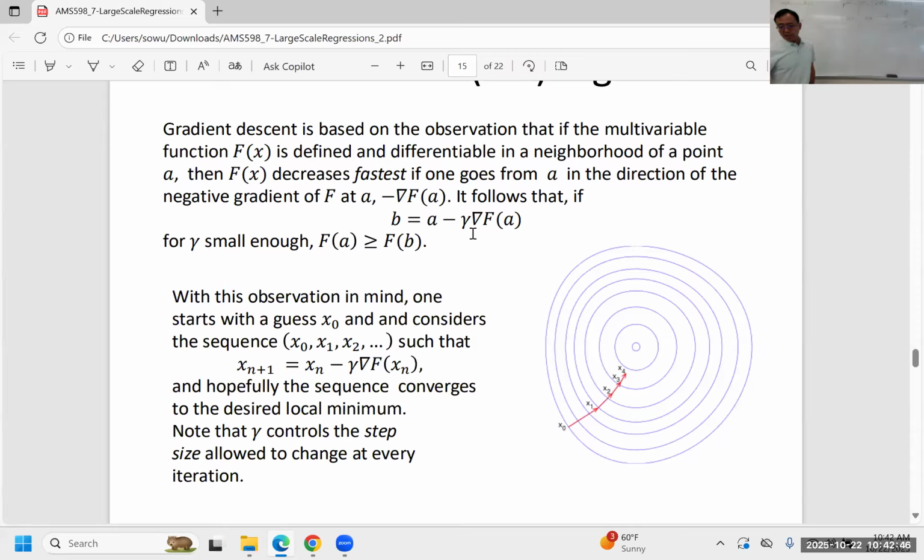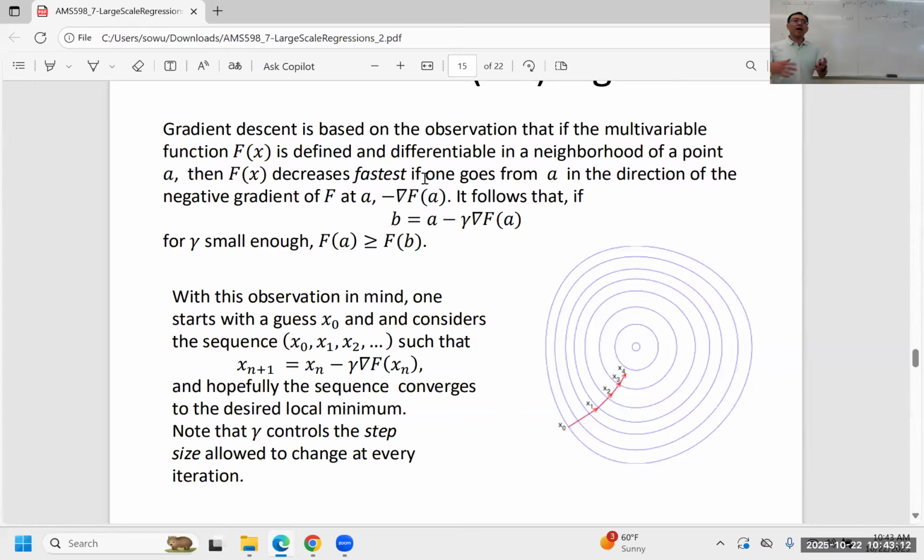Now, the gradient says f(x) decreases fastest in the direction of the negative gradient of f. The other way is also true. The value of f(x) increases fastest in the direction of the gradient. So this is just like the two sides of one coin, because maximization and minimization are the same thing.